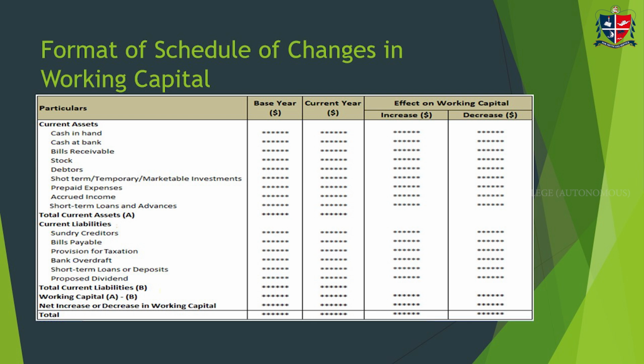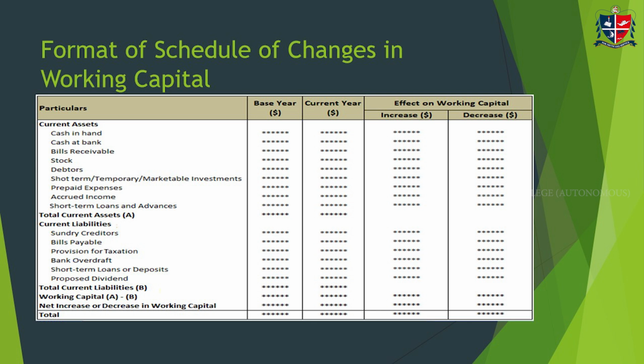Current assets can be cash in hand, cash at bank, bills receivable, prepaid expenses, short-term loan. All such current assets are written down first. Then we total the current assets column for both the previous year and the current year. And then we write the changes in the effect column.